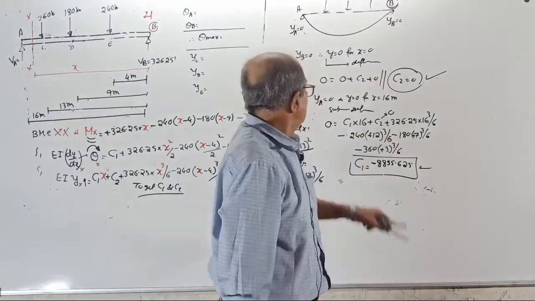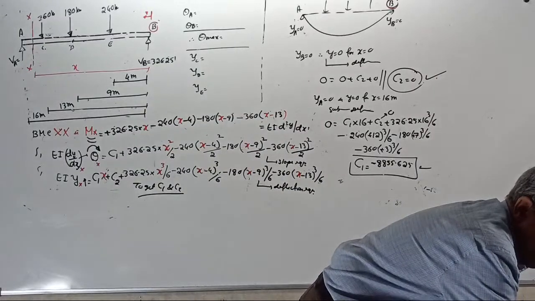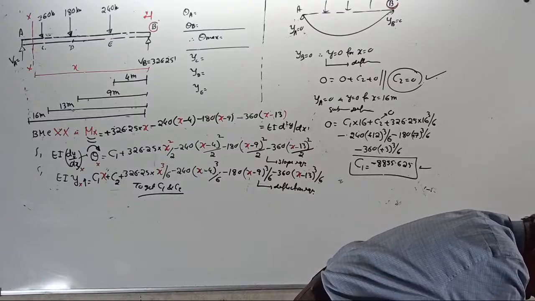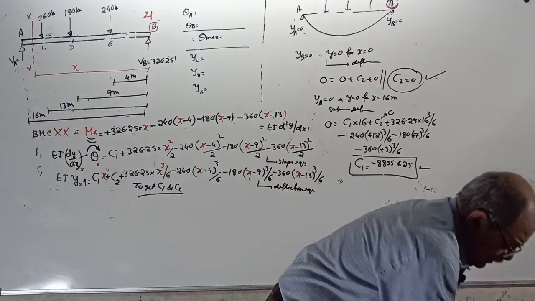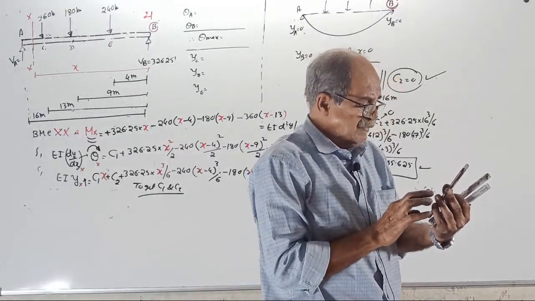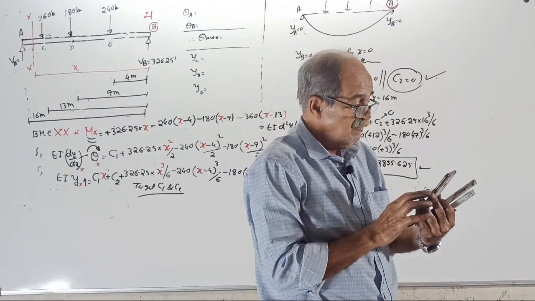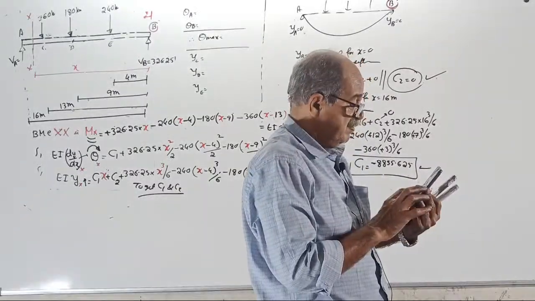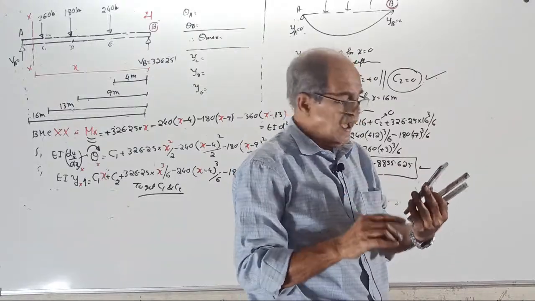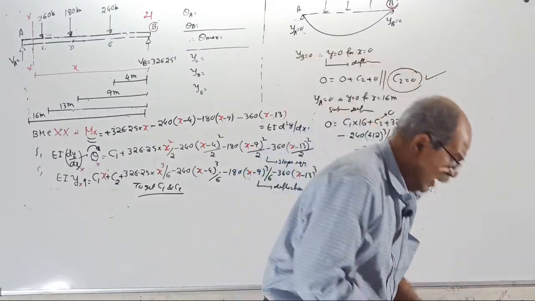Did anyone get the C1 value correctly? Last time's theta B is what will come as C1. Is the last time's answer the same or not? Confirm, don't give a wrong value. Is everything correct? Because I told, a mistake is impossible in my class. Tallying or not? Same. Okay.